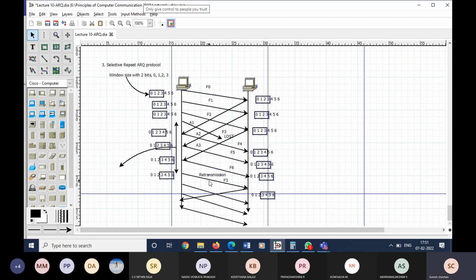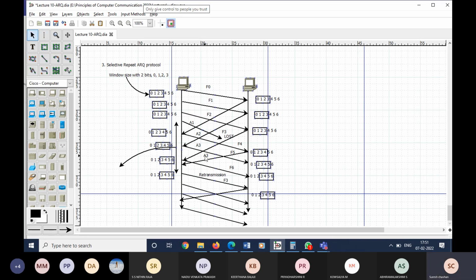Correct. But about retransmission, whenever this acknowledgement comes, only the lost frame is acknowledged. For example, here, this acknowledgement comes before the timeout of F3. This acknowledgement contains A3.